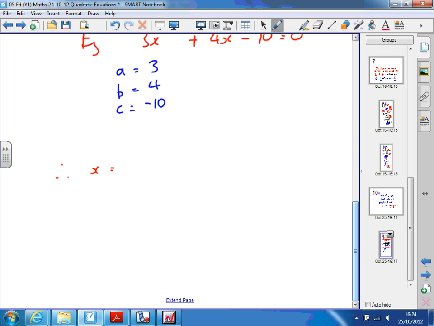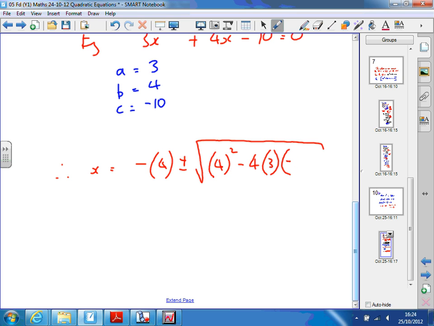And what's b? 4. So I'll put a 4 inside a bracket. Plus or minus, that's what gives us our two solutions, because when I do the square root bit, remember, the answer could always be positive or negative. So plus or minus the square root of b squared. What's b? 4. So put the 4 in a bracket. Minus 4 times a. What's a? 3. Put that in a bracket. Times c. Minus 10. Put that in a bracket. All over 2a, and a is 3.